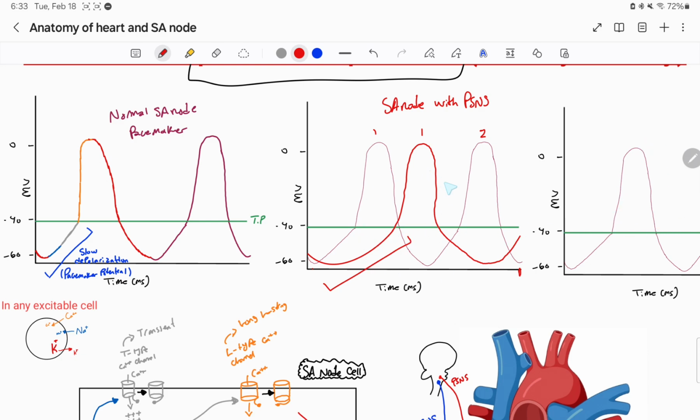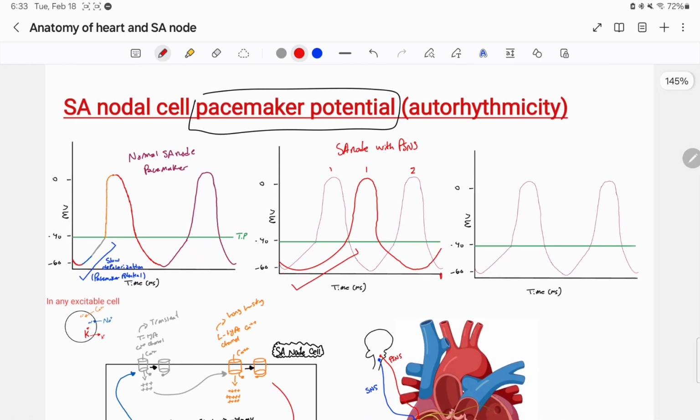This slow, very long depolarization until my heart rate is down, okay? So with the SA node, originally my heart rate is about 100 action potentials or beats per minute. But with the SA node and parasympathetic nervous system, let's say it drops down to about 60 beats per minute, okay?